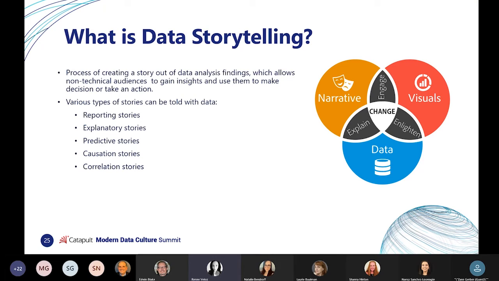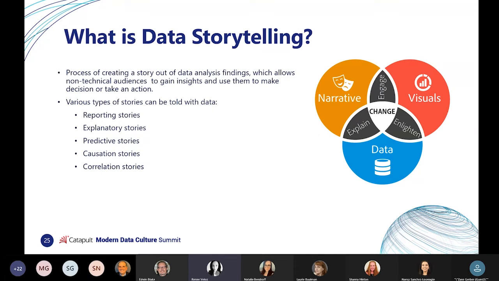Now, there are different types of stories that can be told with data. Reporting stories, explanatory stories. Your reporting stories are more your snapshots. Explanatory stories are those explaining behaviors of certain types of data.